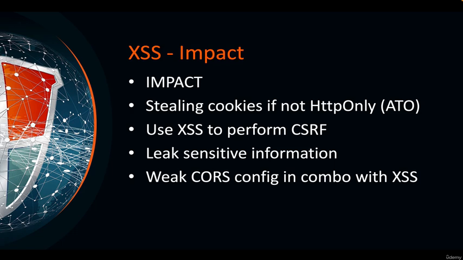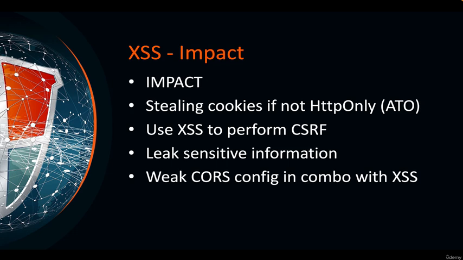If you don't have HTTP only set, that means JavaScript can actually read your cookies. You don't need to demonstrate this in bug bounty, but you put it in the write-up so they understand, because you could take over an account, an ATO. Any victim who visits that stored cross-site scripting vulnerability, I'm able to steal their cookie, and then I can log in as them and have their account taken over.